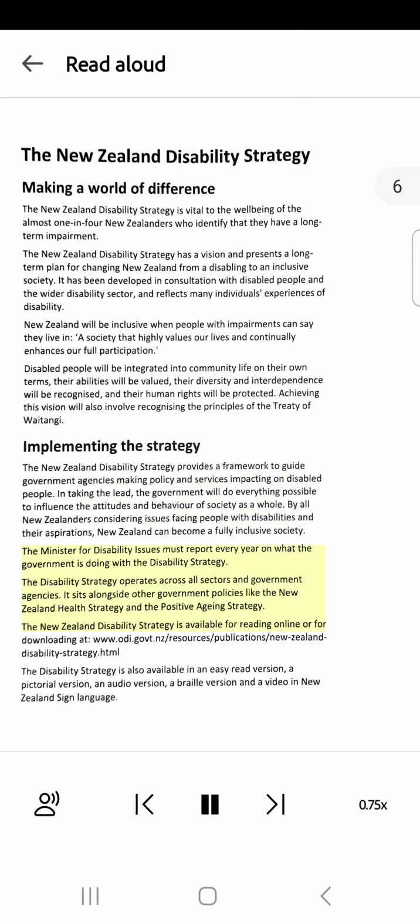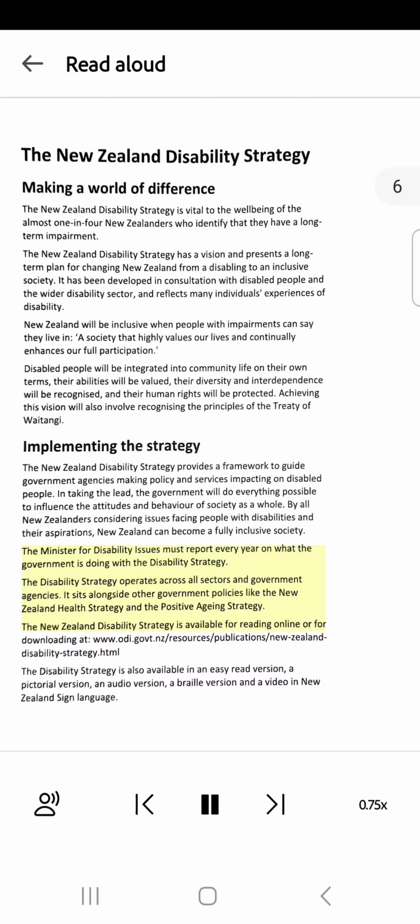The Minister for Disability Issues must report every year on what the government is doing with the disability strategy. The disability strategy operates across all sectors and government agencies. It sits alongside other government policies like the New Zealand Health Strategy and the Positive Ageing Strategy.